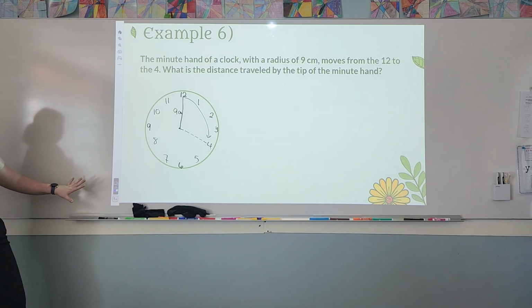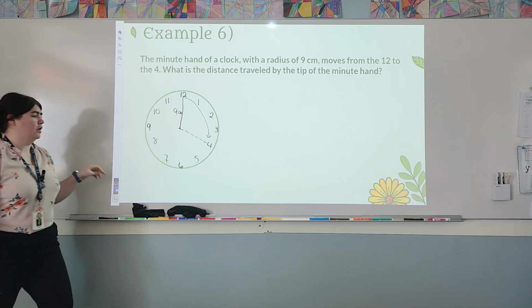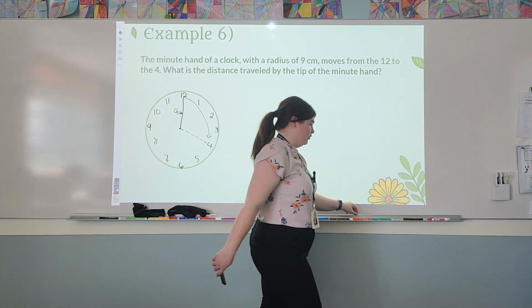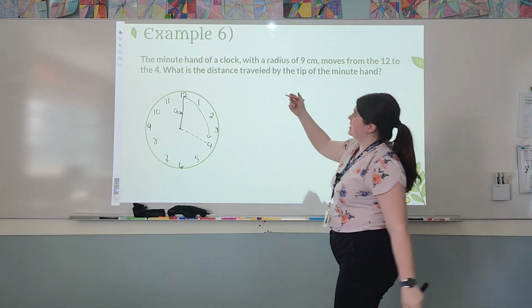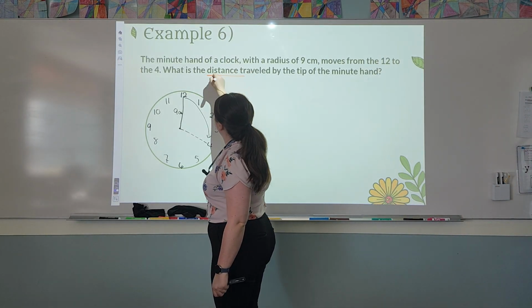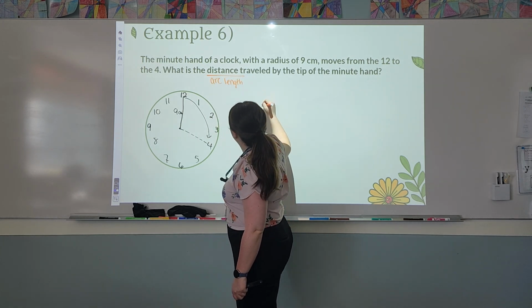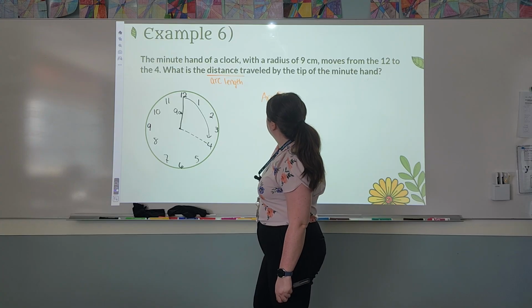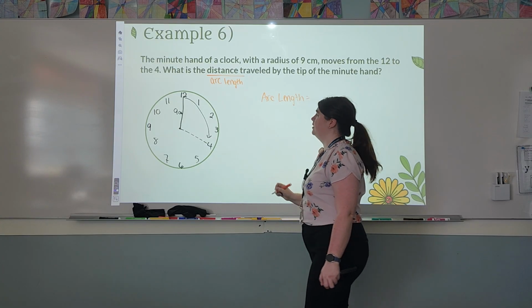Okay. So now that we have this visual here to help us out, arc length is what we're looking for because this is asking for distance. That keyword distance is what fills me in that this is arc length. We also do not have names for our arc. So arc length is how we're going to leave it.